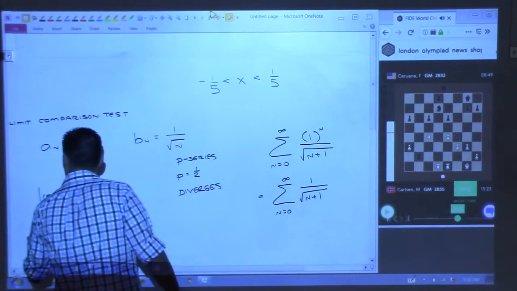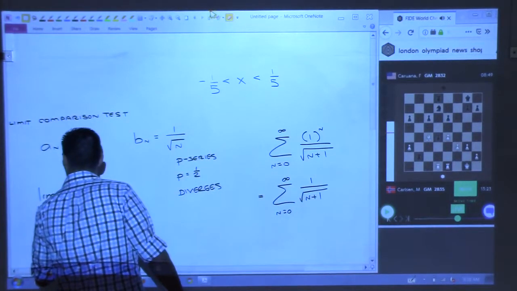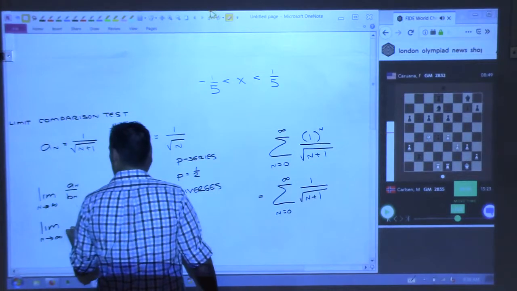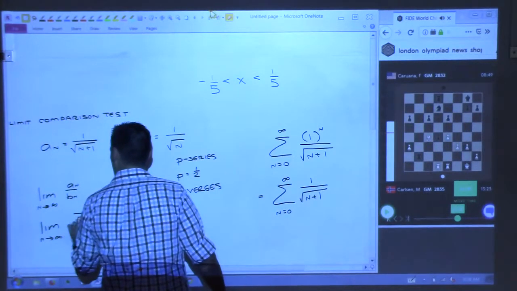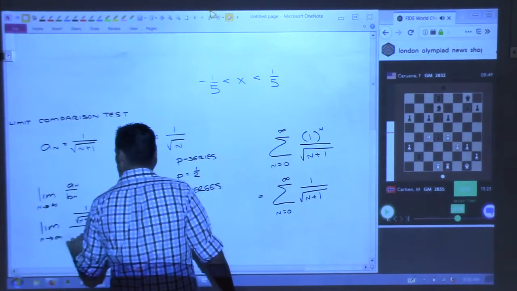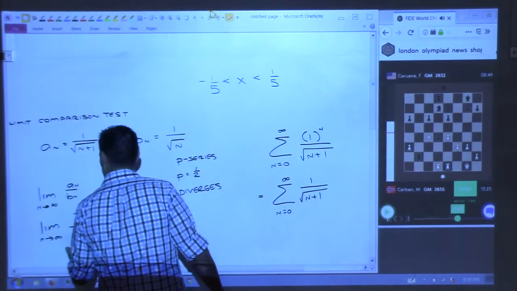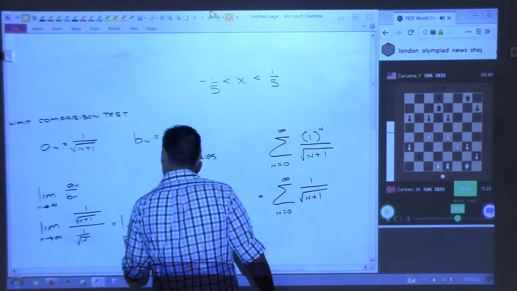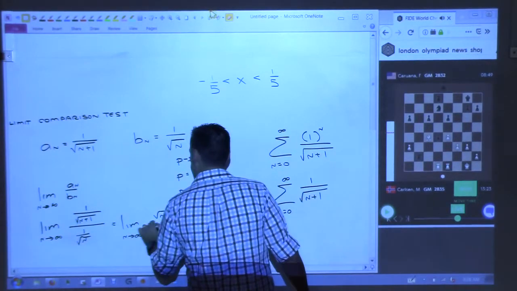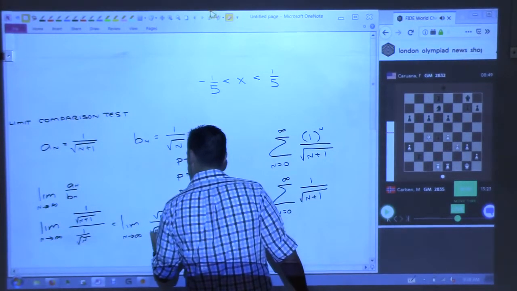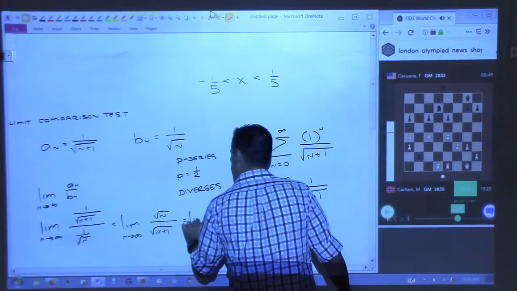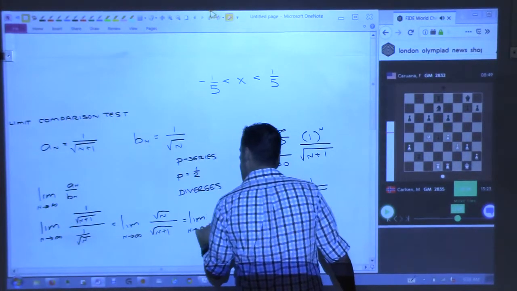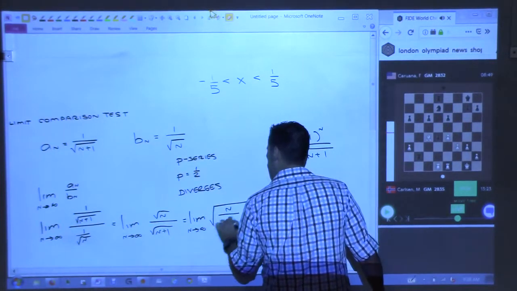If we take the limit as n goes to infinity of a sub n, which is 1 over root n plus 1, over b sub n, which is 1 over root n, and then we do limit n goes to infinity. Let's flip them. Root n over root n plus 1, which is the same as the limit as n goes to infinity of root of n over n plus 1.